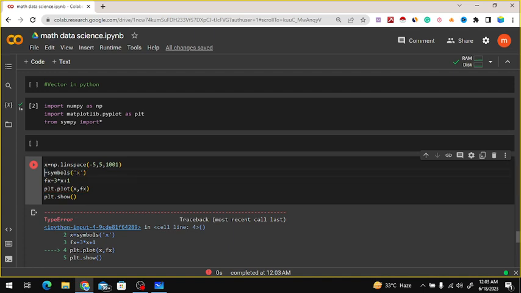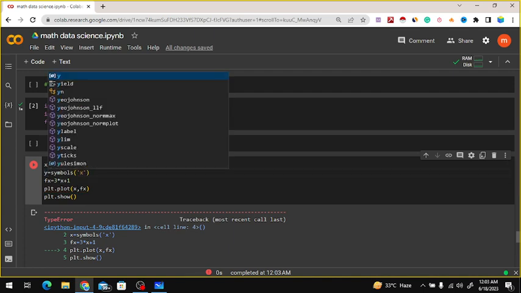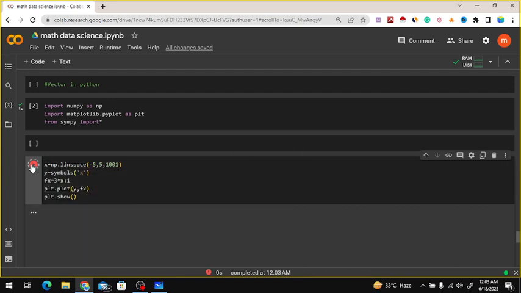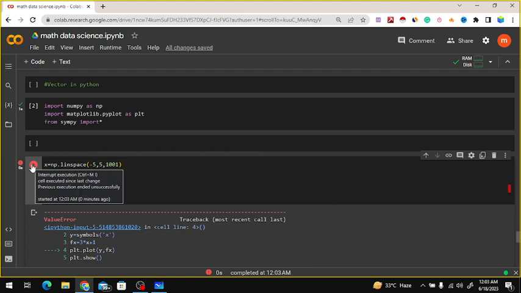So let's see, I am putting here y, and if I put y, let's check what happens with x and f(x). It's not possible to take y, so it's alright.